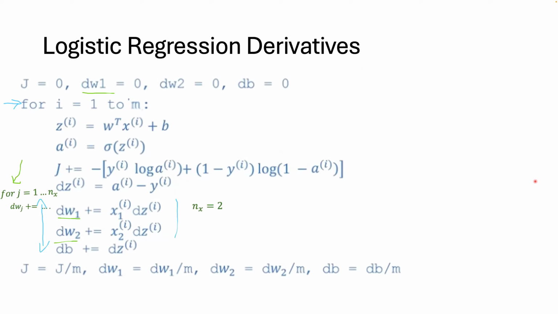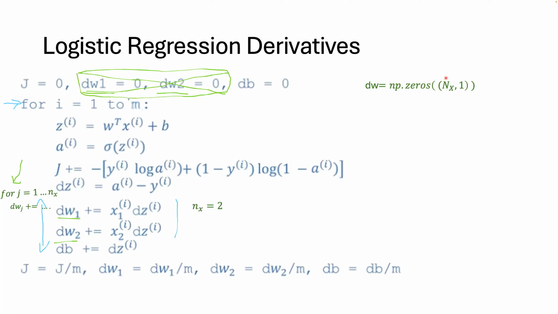The way we would do this is that instead of explicitly initializing dw1, dw2, dw3, and so on, which are all equal to zeros for now, we're going to get rid of this box and make dw an empty vector for now.